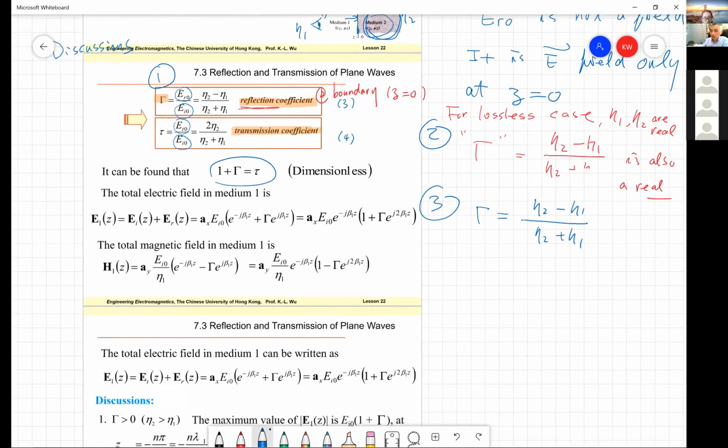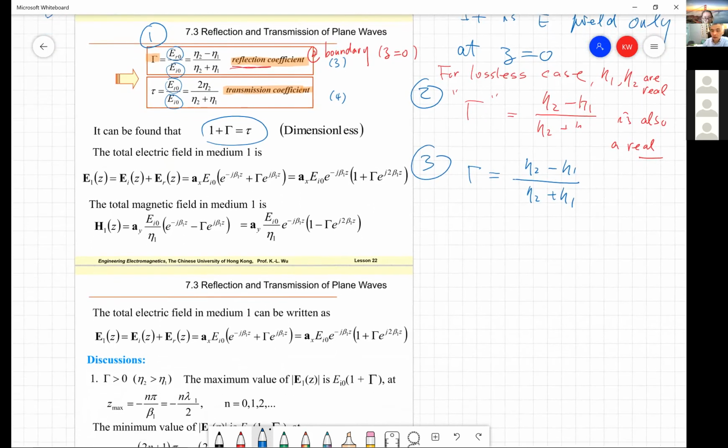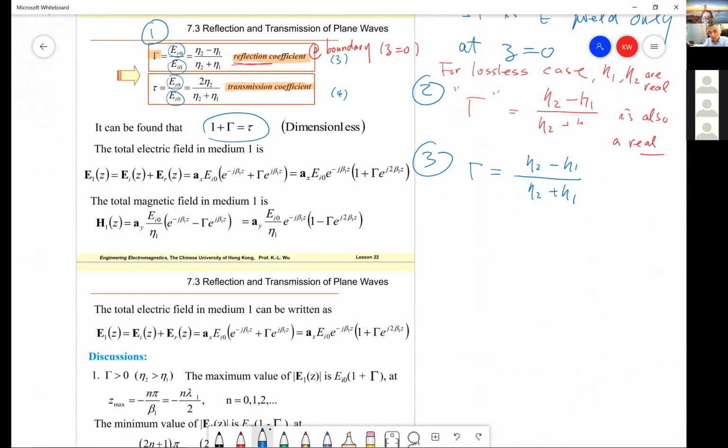I spent too much time on this. Now we have the reflection coefficient and the transmission coefficient. We can add the total field in medium 1, which equals the incident wave plus the reflected wave. Now we know how to express the coefficient of the reflected wave.